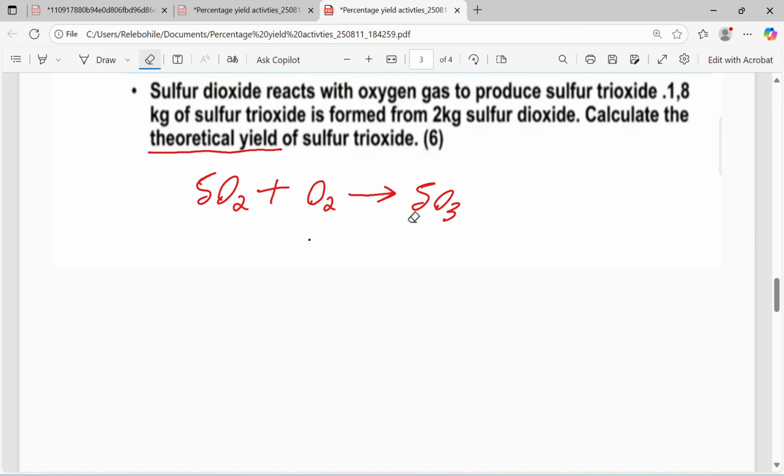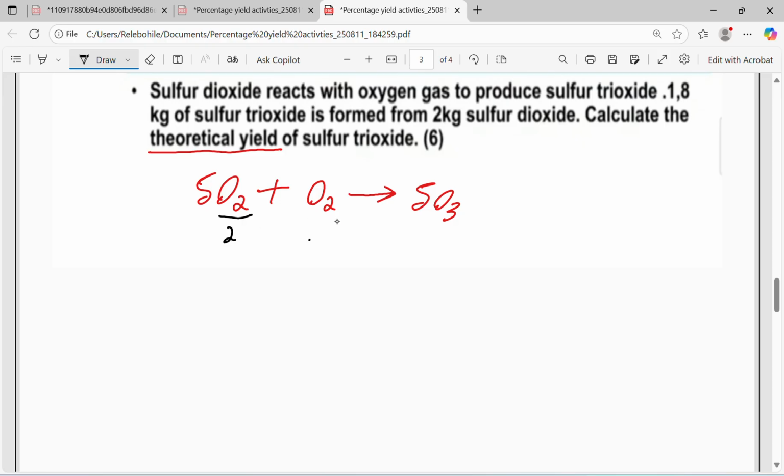But when I check my oxygen, this side I have 2 oxygens plus 2 oxygens, so that means I have 4 oxygens, but when I come this side I only have 3 oxygens. That means my equation is not balanced in that regard.